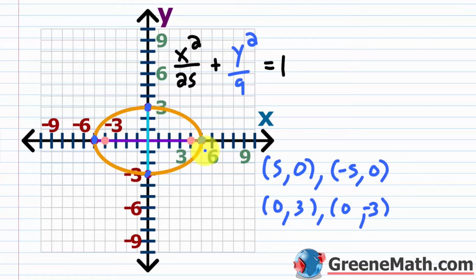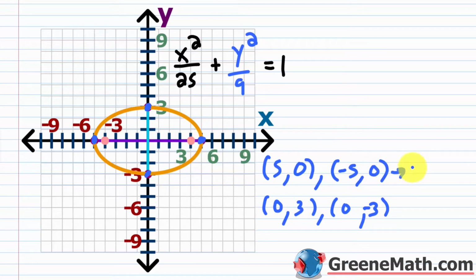Now, let's talk a little bit more about the terminology. Because this ellipse is what we call a horizontal ellipse, it's short and fat, right? So it's stretched more horizontally than it is vertically. We call this line segment from negative 5, 0 to 5, 0 the major axis, and the endpoints of the major axis are known as the vertices.